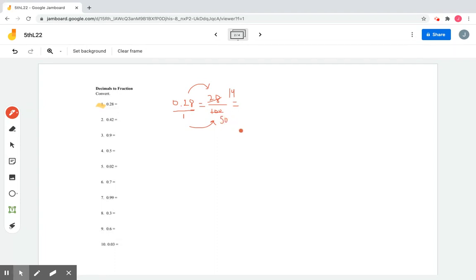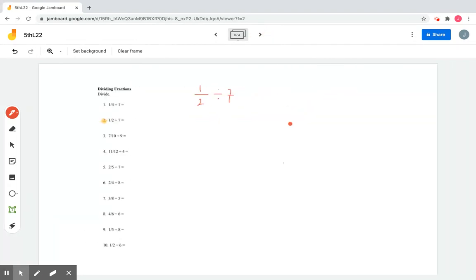And I can simplify again. So I'm going to divide by 2 again, and it will be 7 and 25. So after simplifying the fraction, the final answer will be 7 over 25. All right.